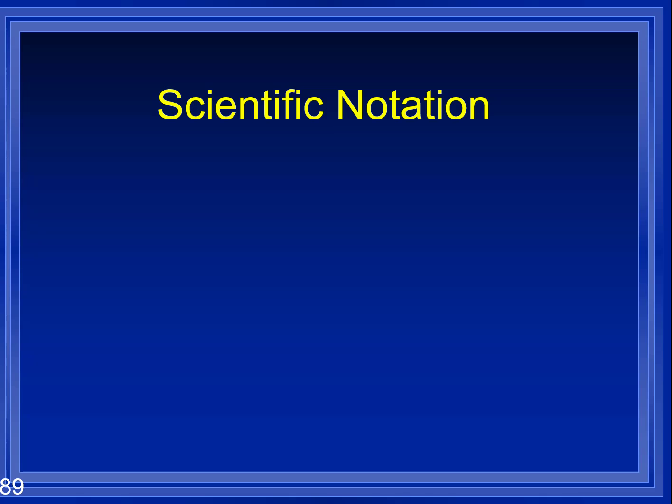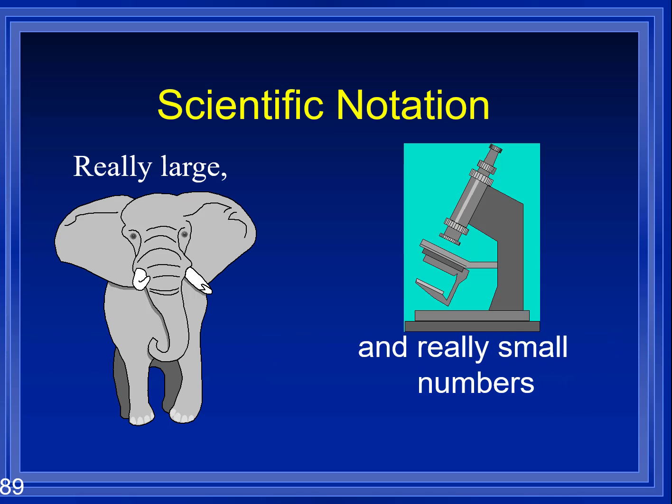First part is the sales pitch. You learned scientific notation in your math class before and then never used it again. Scientific notation is just a way of dealing with really large and really small numbers, right?